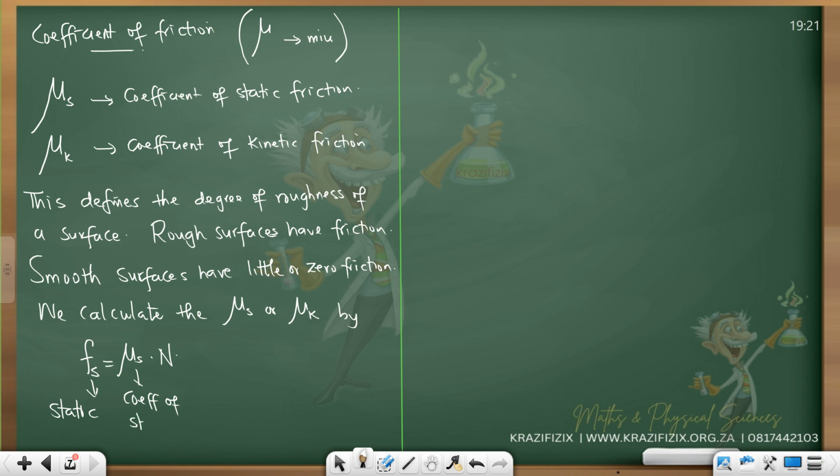Coefficient of static friction. All right. What about N? This is the normal force in newtons. Normal force. Static friction here.